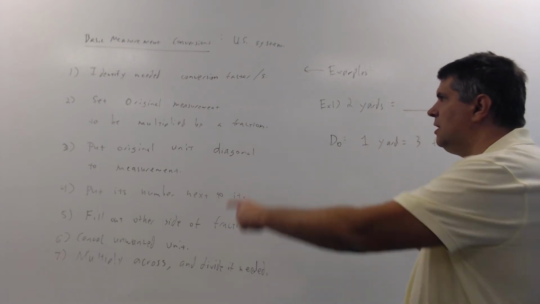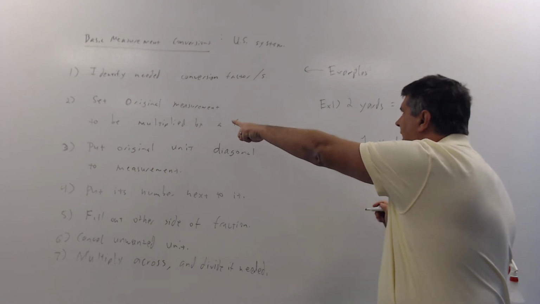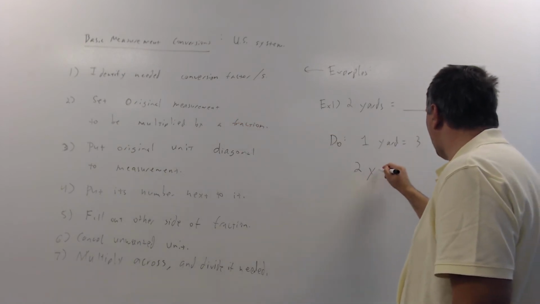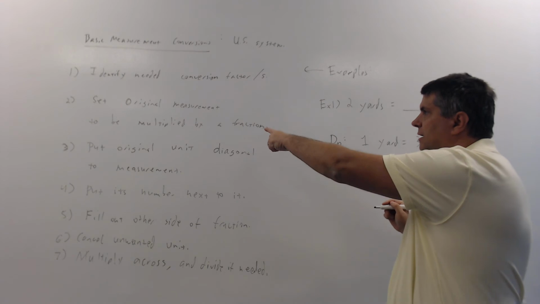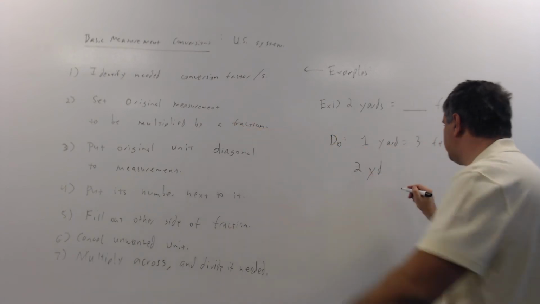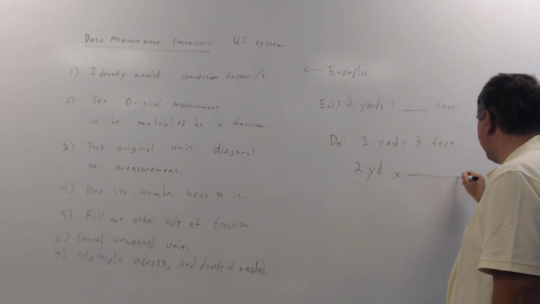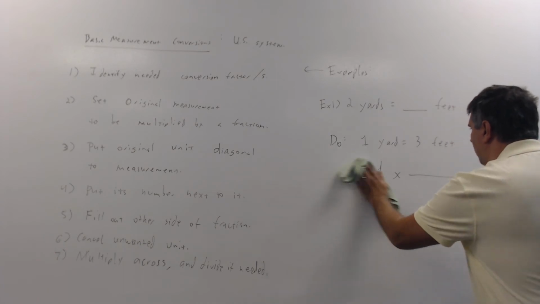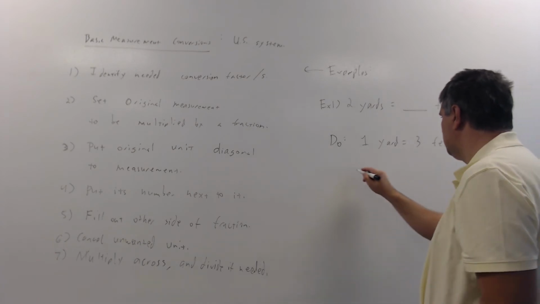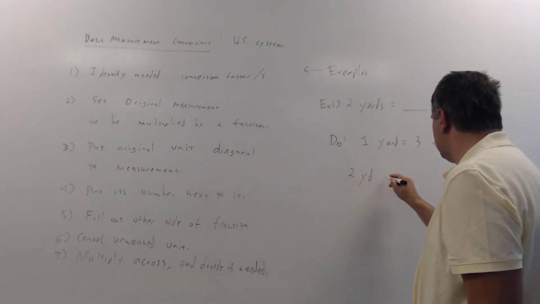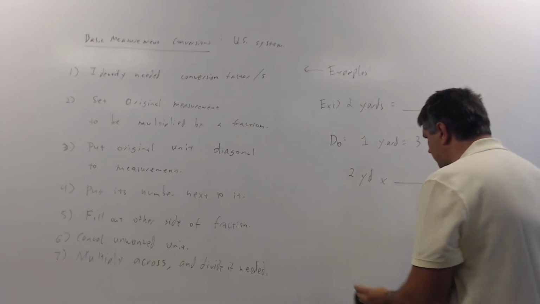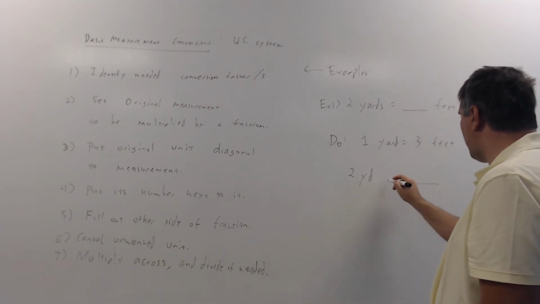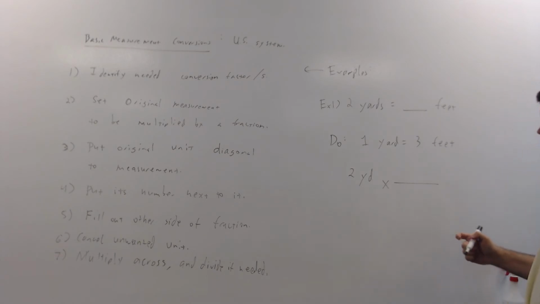Step 2, set original measurement, 2 yards, to be multiplied by a fraction, times fraction. Let me put it a little lower. 2 yards times fraction. That's meant to be a multiplication symbol.